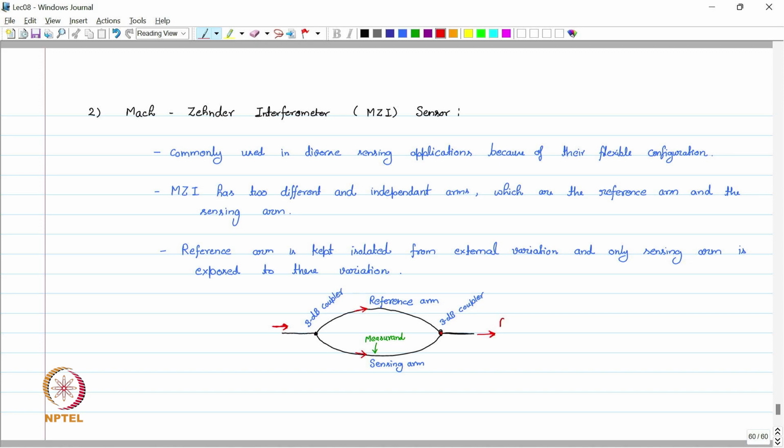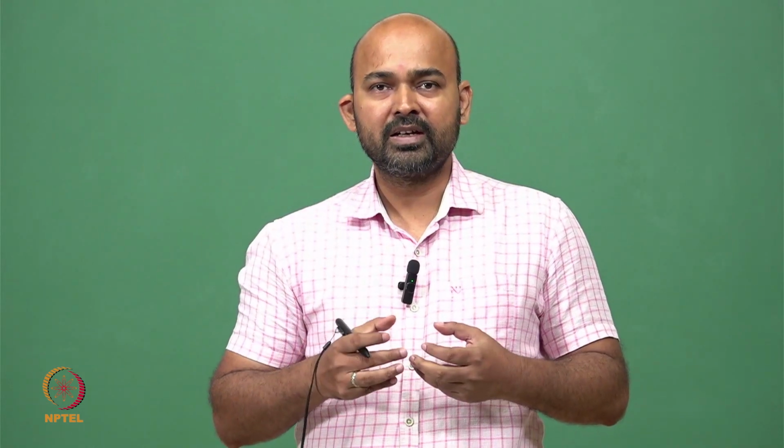Now we have two waves in this. One is, let's say, R1, which is from the reference arm, and the other is R2, which is from the sensing arm. Based on the difference in these two waves, we can detect what measurement is applied.